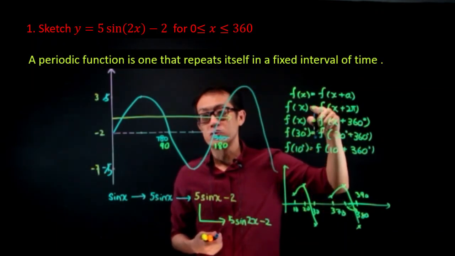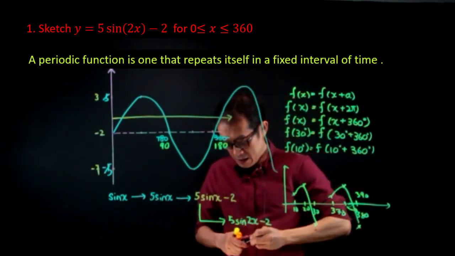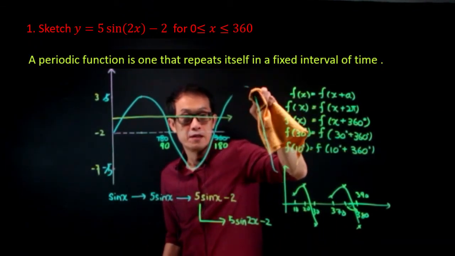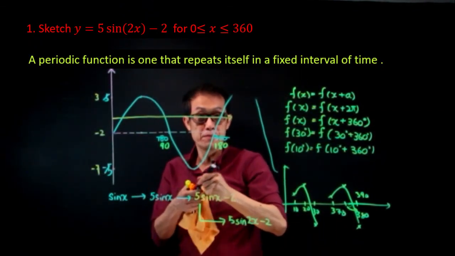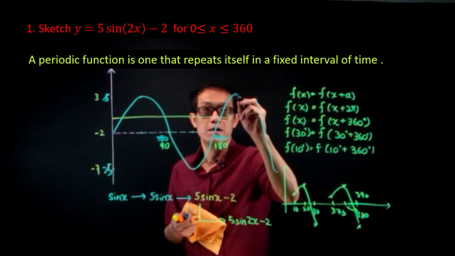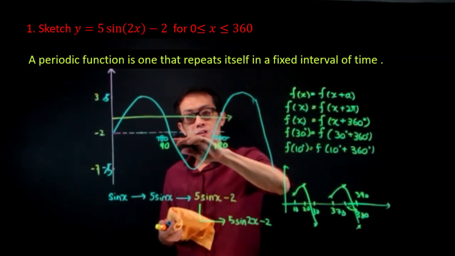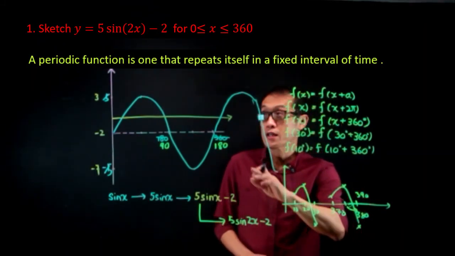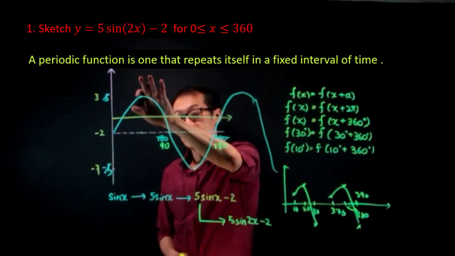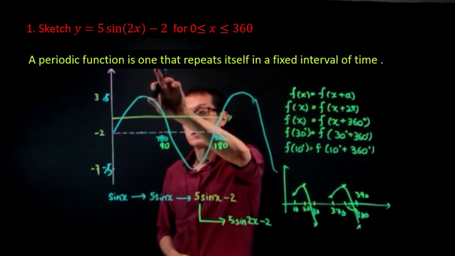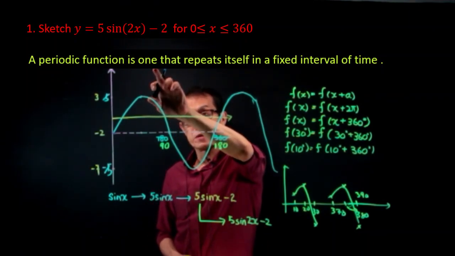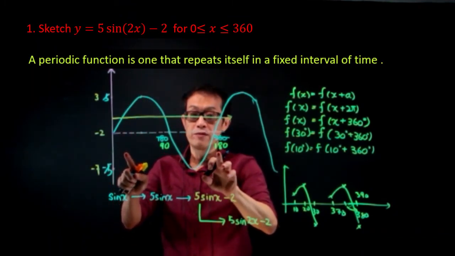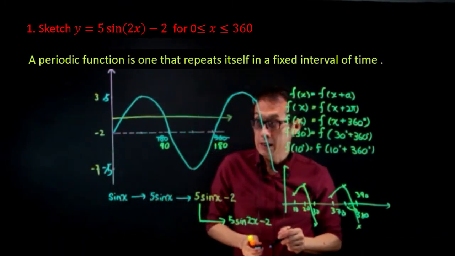Sorry, this shouldn't be so high up, it must be of the same level. So it just repeats itself. The original sine graph, sine x, has a period of 2 pi. Because of this 2 here, this graph will have a period of 180.